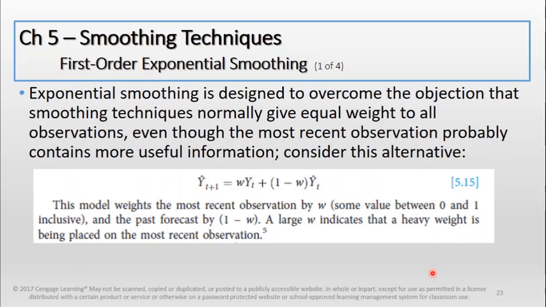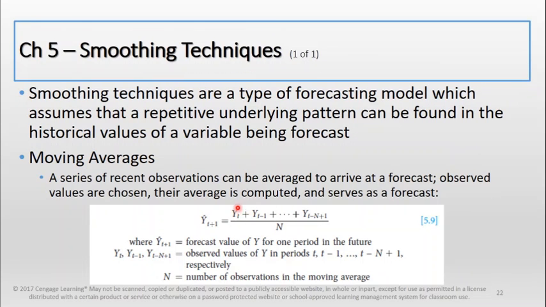Next, let's move on to your first order exponential smoothing. One criticism of moving averages as smoothing techniques is that they normally give equal weight to all observations. If you remember in the previous slide, as I mentioned earlier, the value is 1 over n.